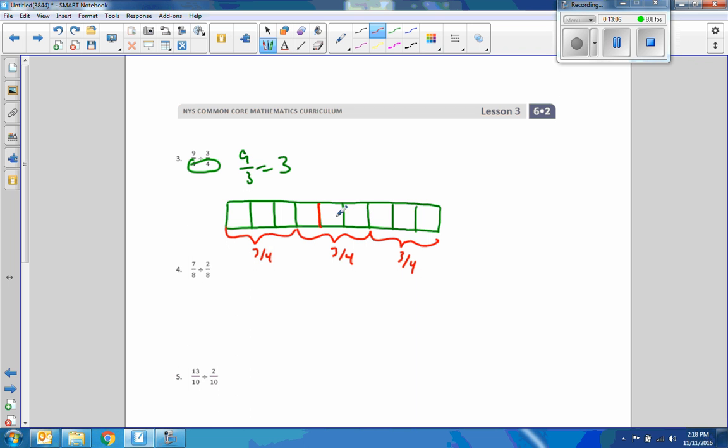So here's 4 quarters or 1. Here's 4 quarters or 1, but we don't have another full one, so if I go 3 more, then we have 12 quarters or 3. So 9 quarters, 1, 2, 3, 4, 5, 6, 7, 8, 9 quarters is up to here.